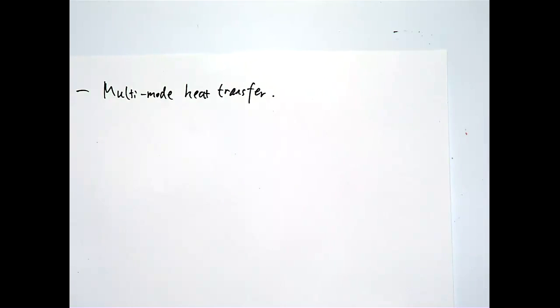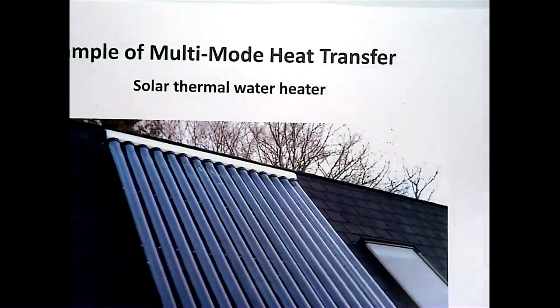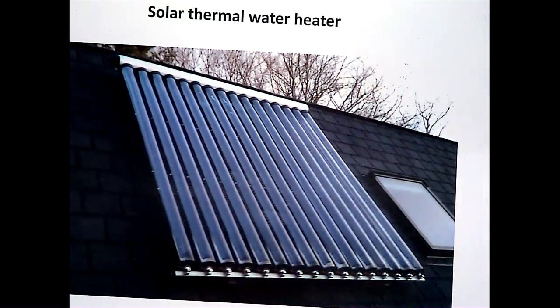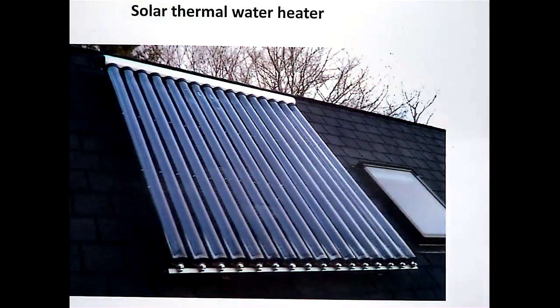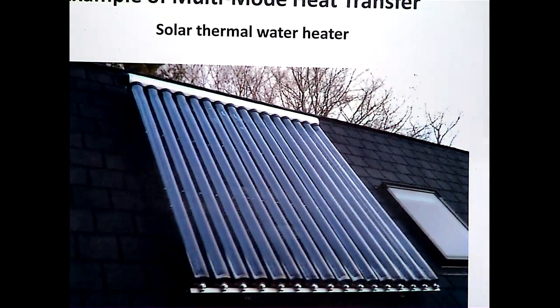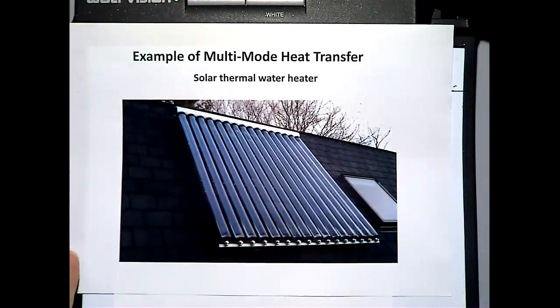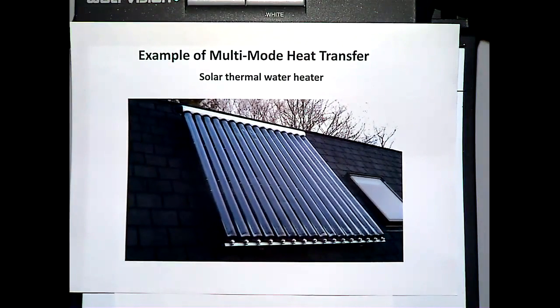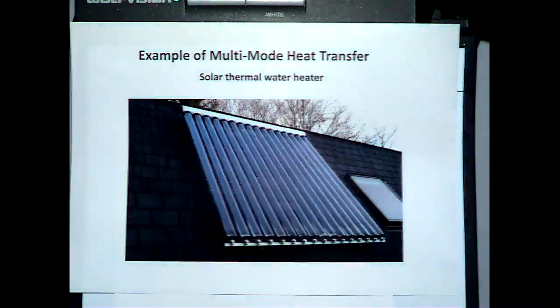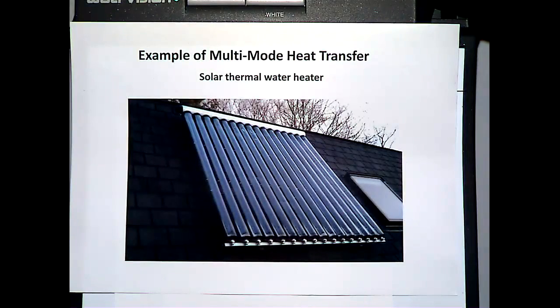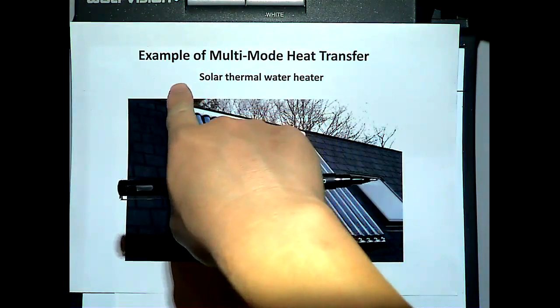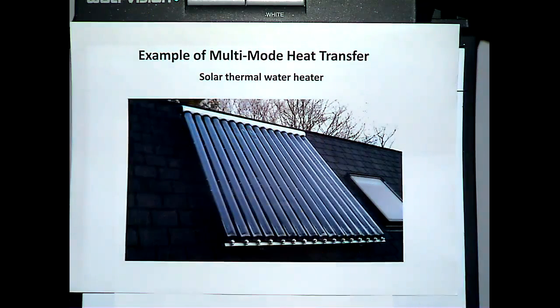One example can be seen here. This is one of the solar thermal water heaters. Basically, it's a tube with water flowing through it. And when the sun is up, it will heat the tube, and then the water passing through it will be heated.